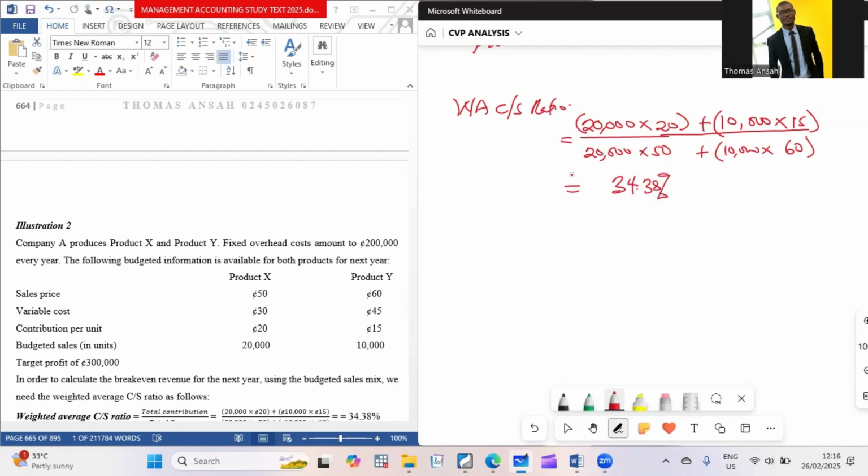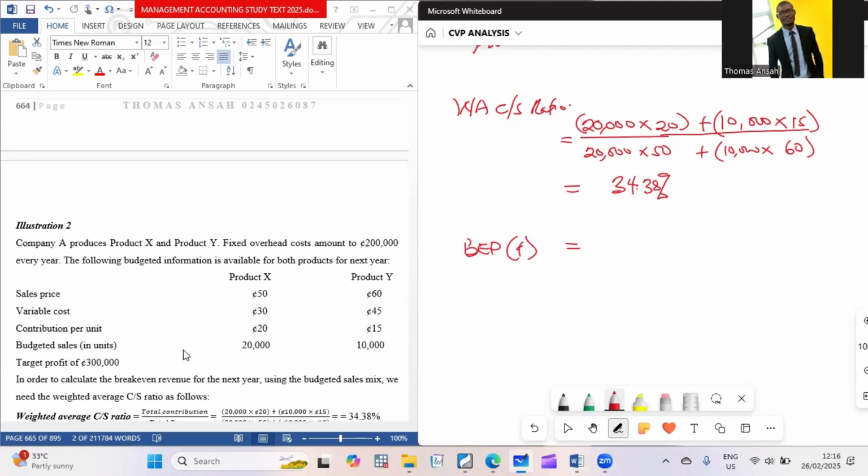All right. So now, if I ask you to calculate something like your break even in revenue and the targeted one, because the target here is 300,000, it's as simple. What are we going to do? So let's look at break even in revenue. Remember, it is the total fixed cost divided by this contribution sales ratio that you have done.